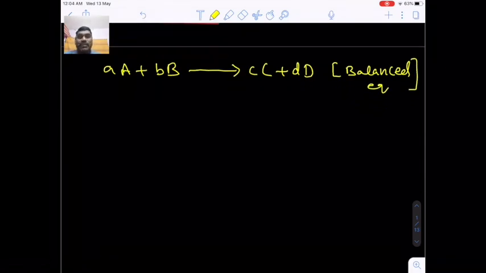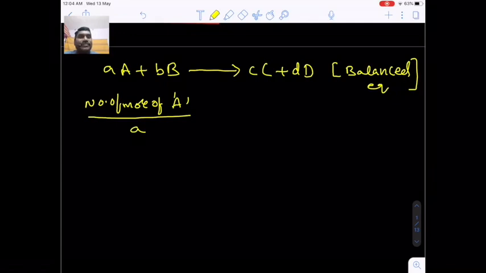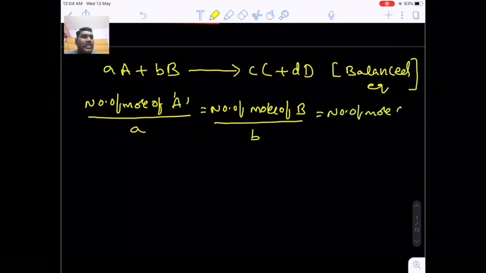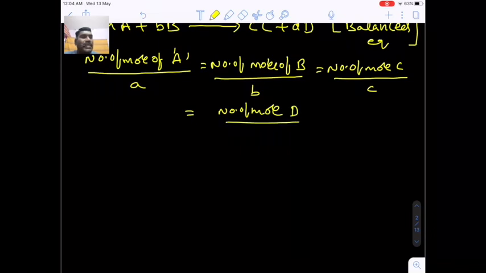Now what I am doing here: number of moles of reactant A divided by its stoichiometry coefficient, number of moles of B divided by its stoichiometry coefficient, similarly number of moles of C by its stoichiometry coefficient, and fourth one, number of moles of D by its stoichiometry coefficient.